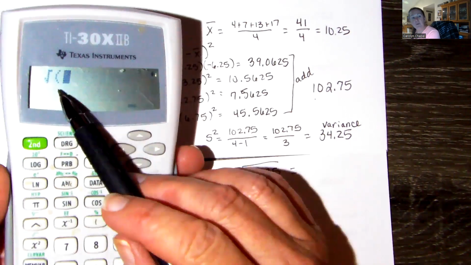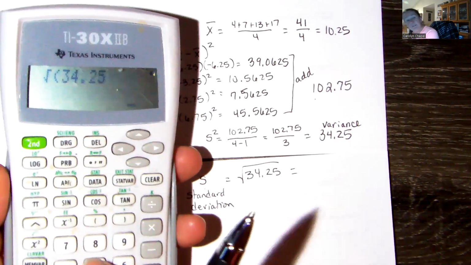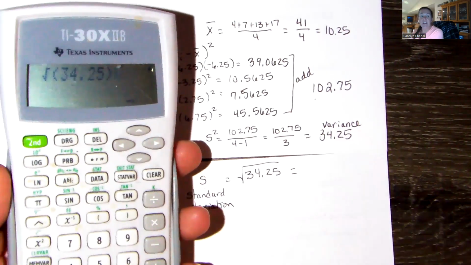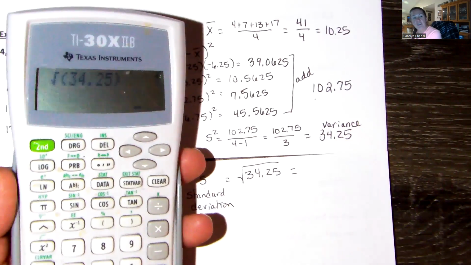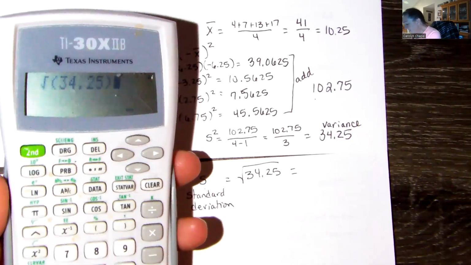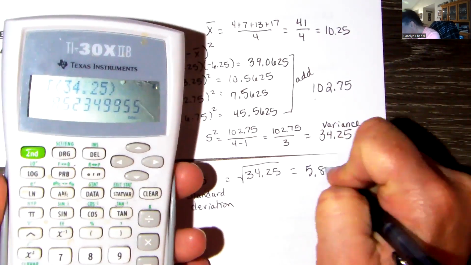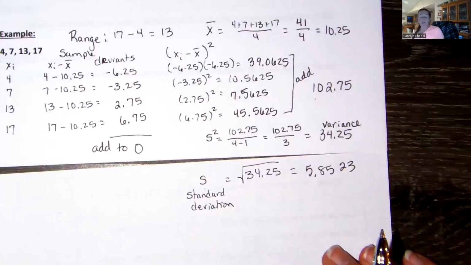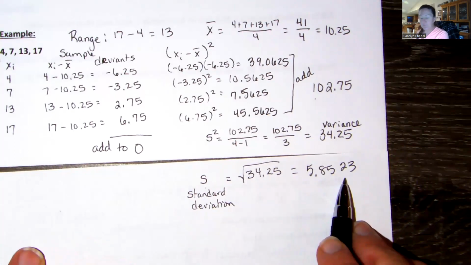I can type in that 34.25. I'm going to close off that parenthesis, although closing it off is not completely needed. The calculator knows; sometimes I'm a little lazy. And we come up with 5.8. I'll just put a couple digits here so you can check yourself to make sure you know how to work these. So there is my standard deviation.